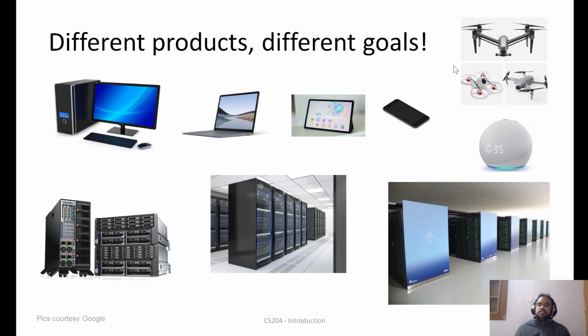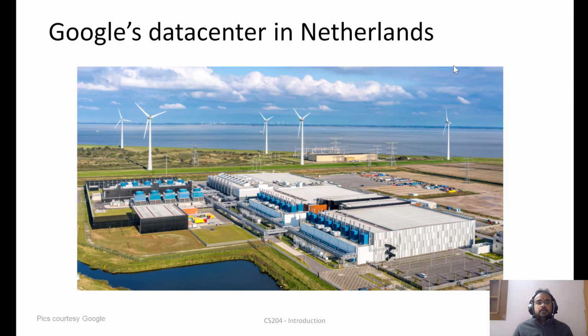So it generates appropriate signals so that the fan turns on. So for each of these products, there are some different goals. That's the reason we need different computing capabilities, which will consider the input that is possible to each of them and the output that we expect from each of them.